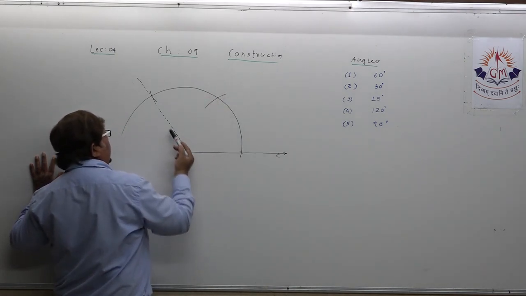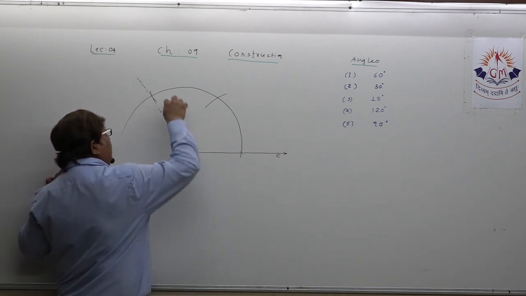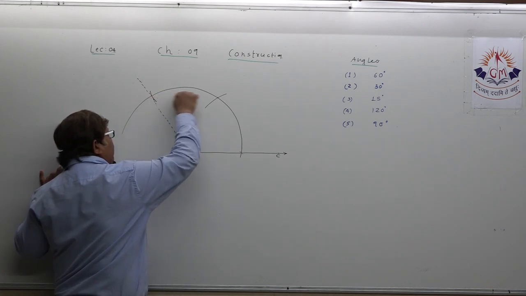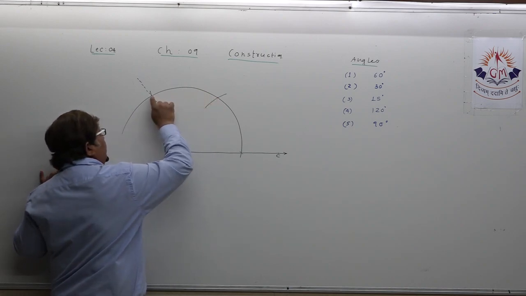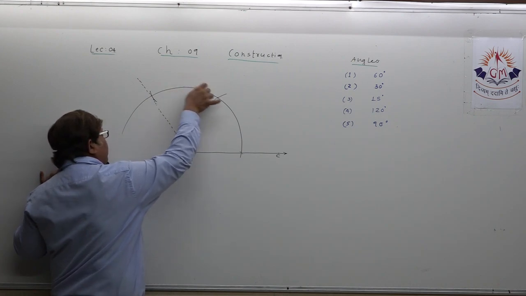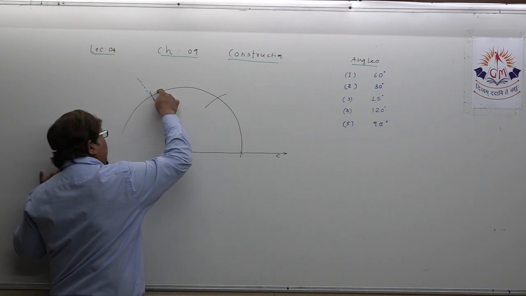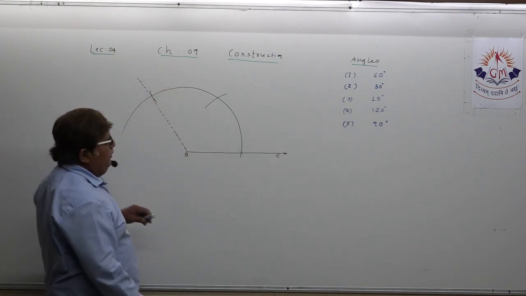If I join this ray, it becomes an angle of 120 degree. I have to bisect this portion. This is arc for 120 degree. If I bisect this portion, means 60 and 120, I will get the angle of 90 degrees.